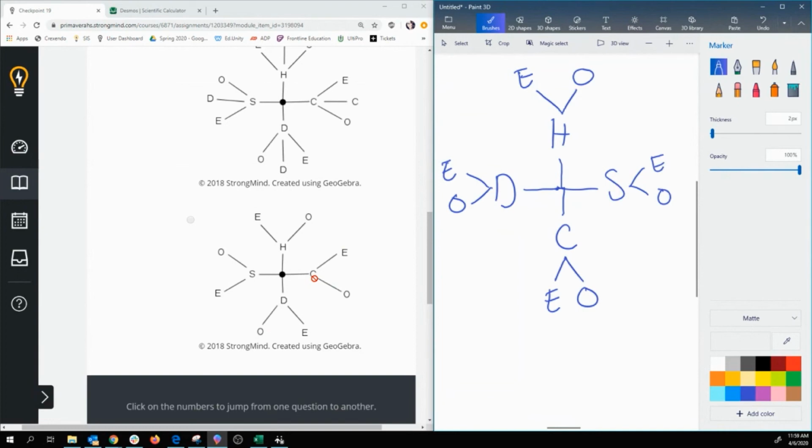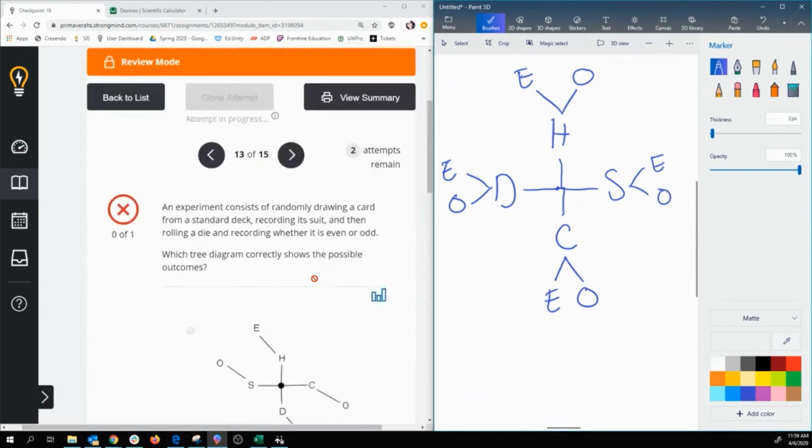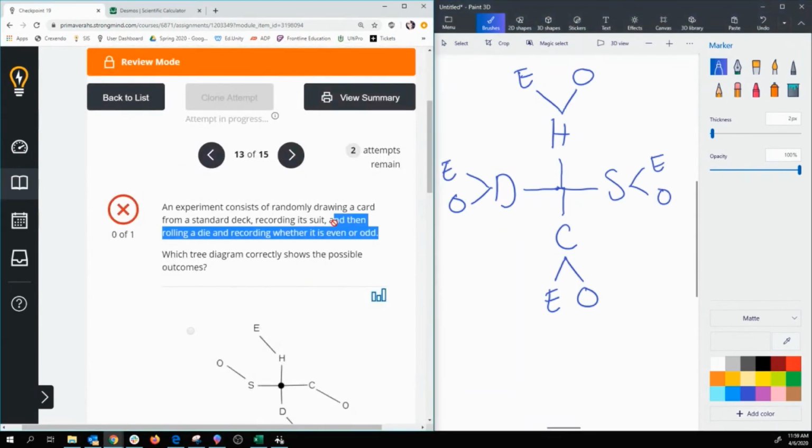From left to right. So when you're asked questions like this one that have these circle tree diagrams, if it helps you, you can look at the very last event that's happening in this problem. It says that we're rolling a dice and recording whether it's even or odd, right? So that means on my very outer branch, I should have two options on each one.